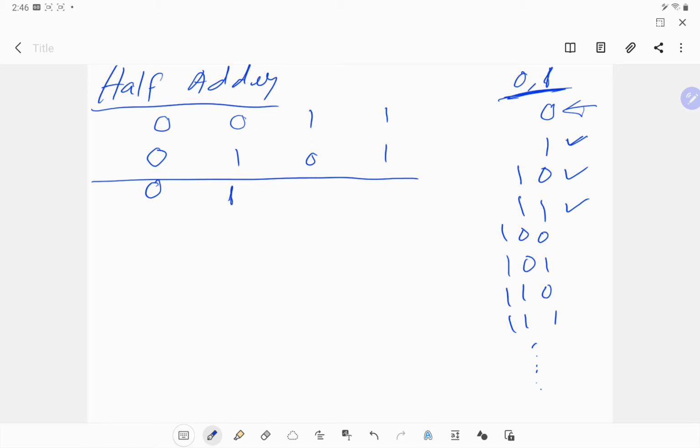Then 1 plus 0 gives us 1. Then what is 1 plus 1? There you go. We have 1, then if we add another 1 with this 1, we get 1 0. Here we consider this 0 as the sum, and that 1 is the carry.